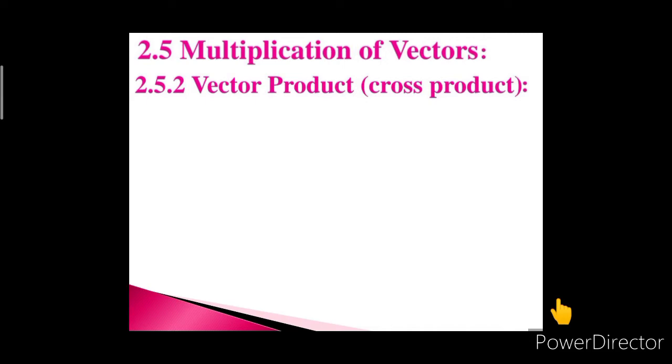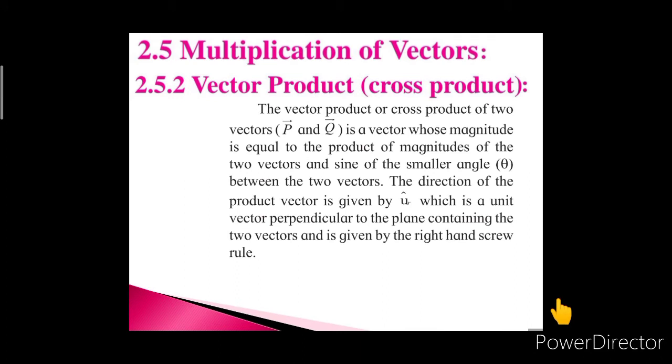So the vector product or cross product of two vectors, vector P and vector Q, is a vector whose magnitude is equal to the product of magnitudes of the two vectors and sine of the smaller angle theta between the two vectors.